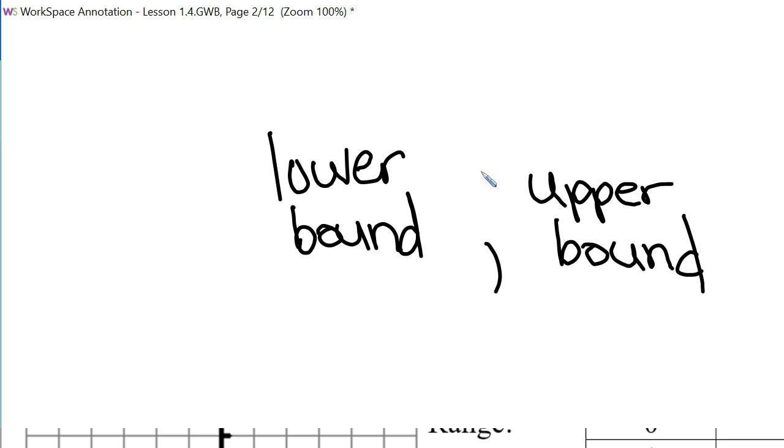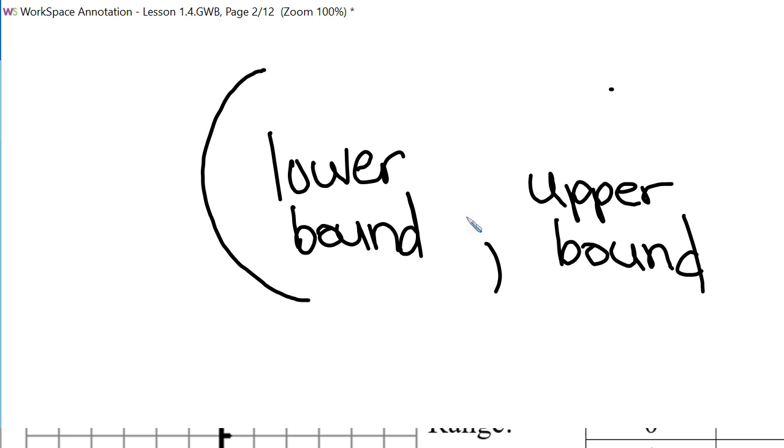So you will have two numbers ordered from least to greatest, separated with a comma in the middle. For interval notation, we have to mark off these boundaries using either a parenthesis or a square bracket. And I will tell you how you know when to use either one.